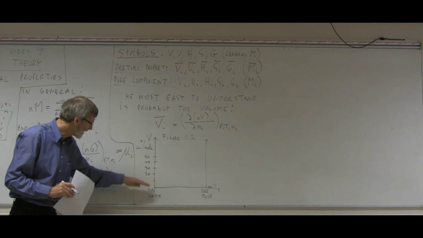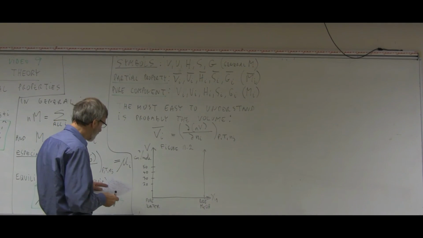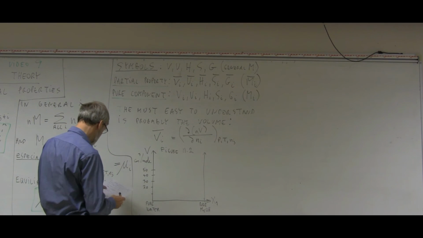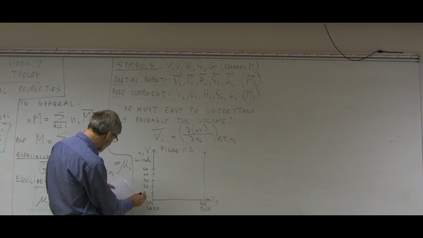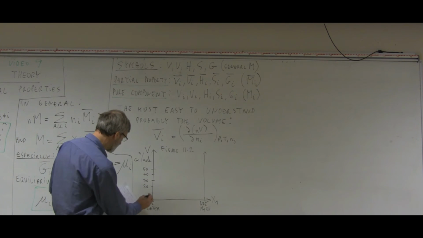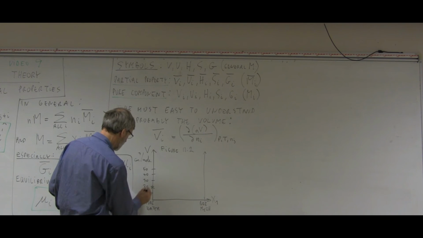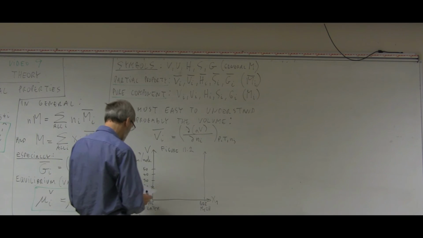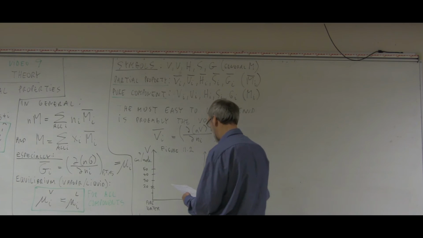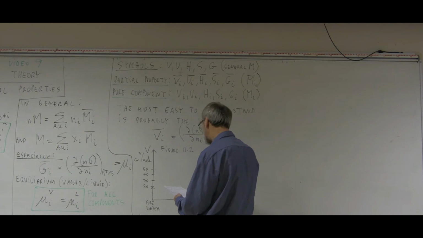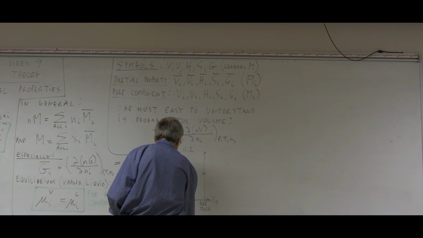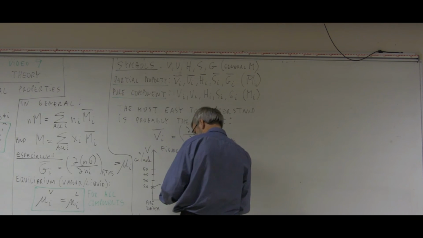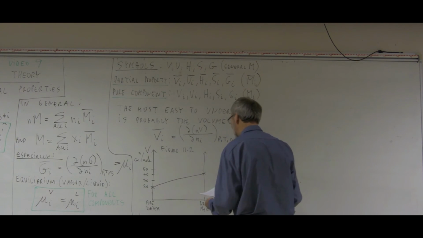The volume is a quite easily measurable quantity, and if we have one value here and another value here, we have a straight line here.